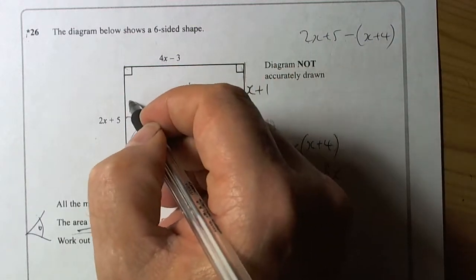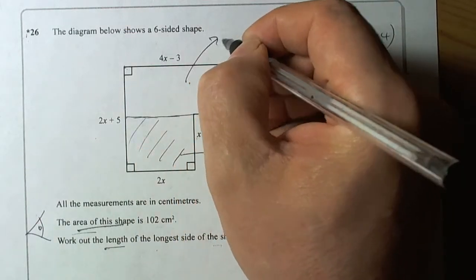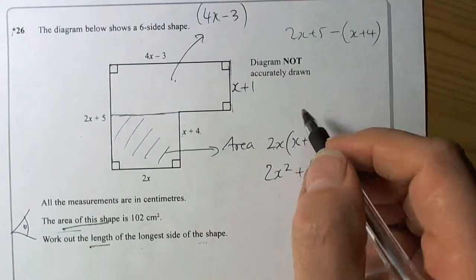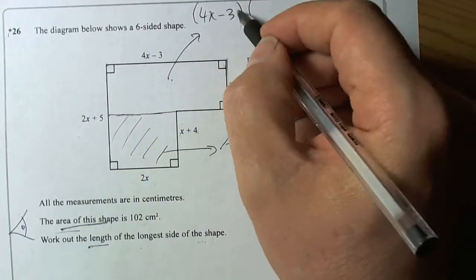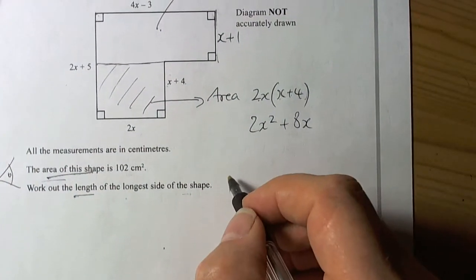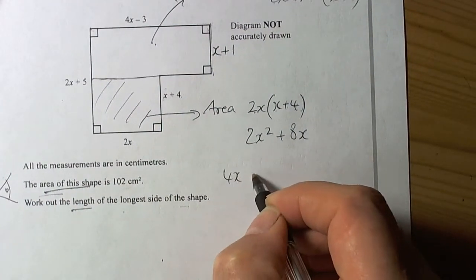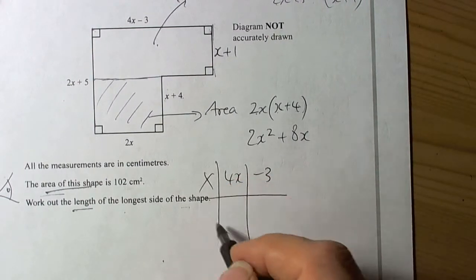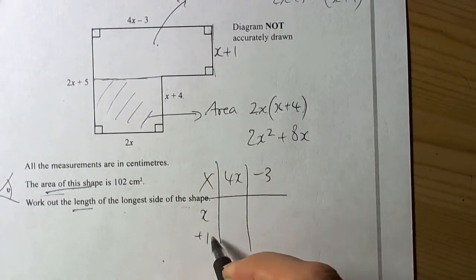So the area of this shape here, we're going to be doing a double bracket because we've got two or more terms: 4x minus 3 times x plus 1. Lots of ways of working that out. So 4x take away 3 times x plus 1.